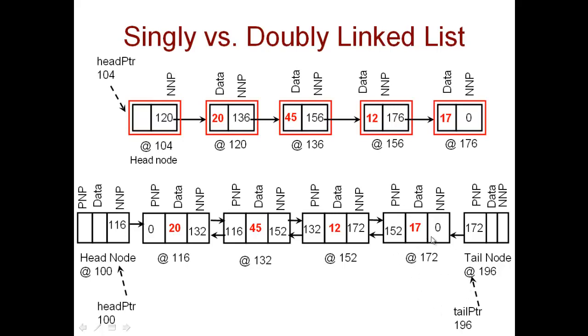Now this data node will store the address of the previous data node, which is at address 152 in this example. So from this data node, you can now access this data node, and from here you can go back to the previous data node, which is at address 132, and that will store the address of the previous data node, which is 116.